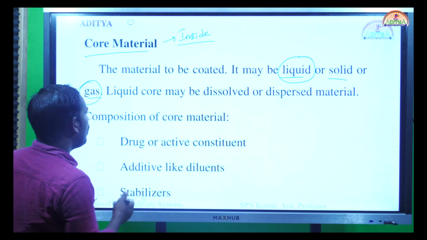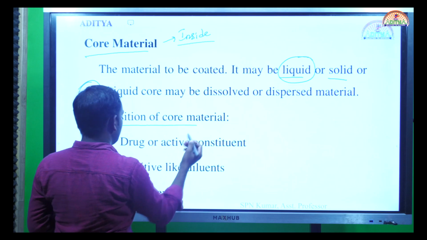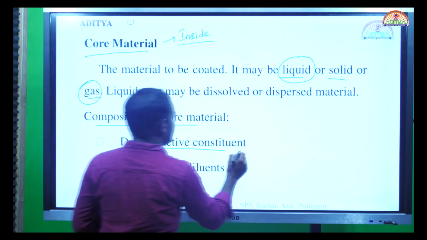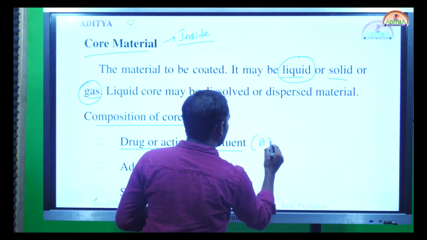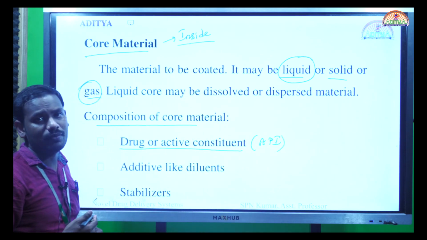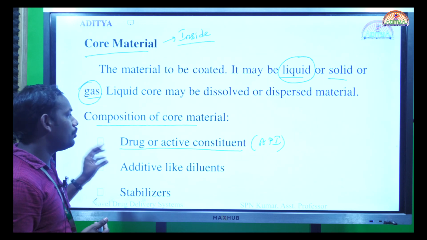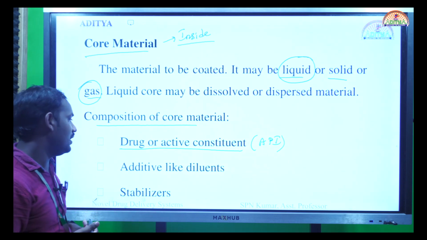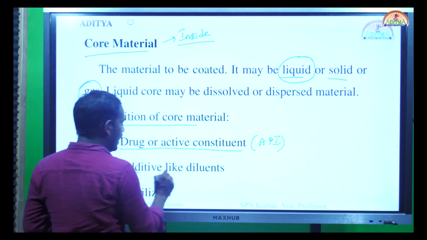So what is the composition of the core material? The core material initially consists of the API, active pharmaceutical ingredient. Let us only discuss pharmacy and applications of microencapsulation in pharmacy. We can also add some additives.